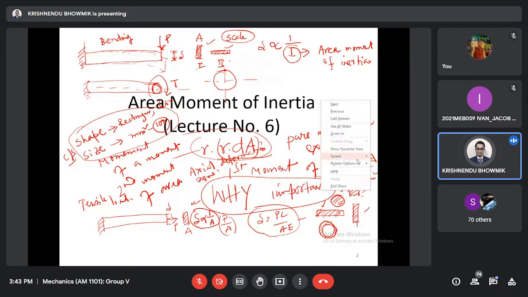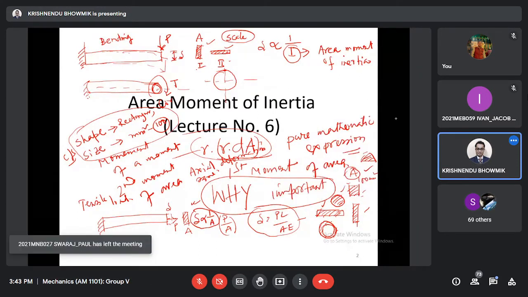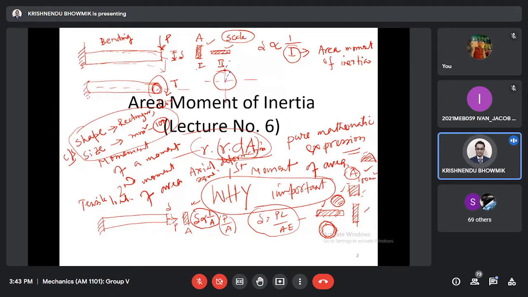Now due to the application of torque, this point will move here. So this is point A, this will be A prime. There will be some angle theta, which we call the angle of twist, and we represent it by theta.